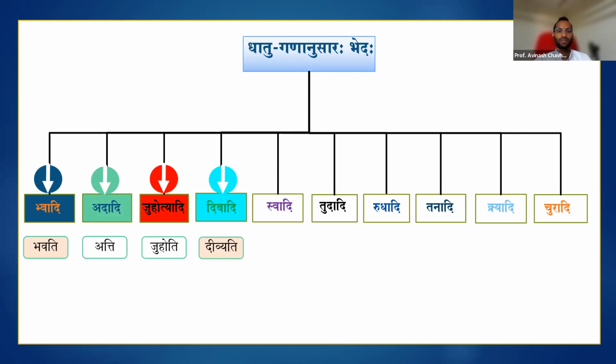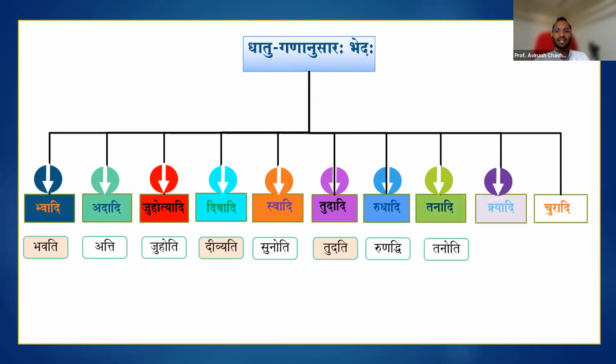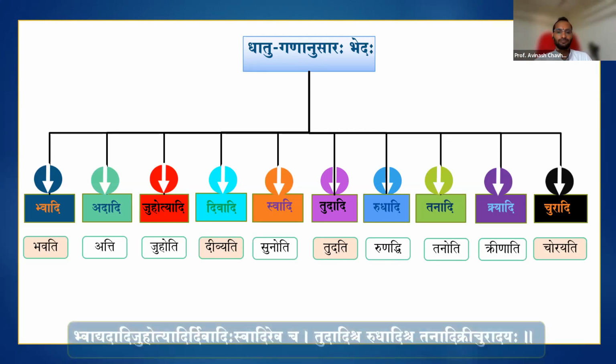Divadi gana, we are going to look at. Svadi gana, we are not. Tudadi gana, we will see some dhatus which belong to it. I will share those dhatus with you. Then rudhadi, tanadi, kryadi and churadi gana. These are the 10 ganas. Within these, we are going to look at the first gana, bhvadi gana, then divadi gana, tudadi gana, and the last one, churadi gana. Only 4 ganas we will be referring to.